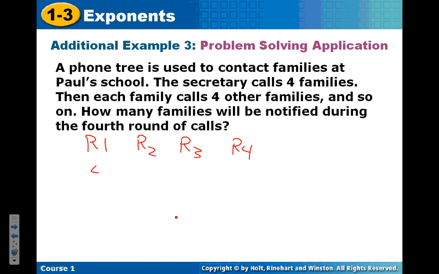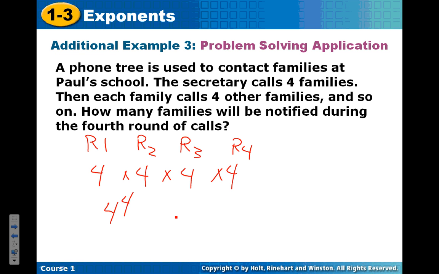That means 4 people call, then 4 people call, then 4 people call, then 4 people call. What does that look like? How can we shorten that up? How can I write that in exponential form? 4 to the 4th power.